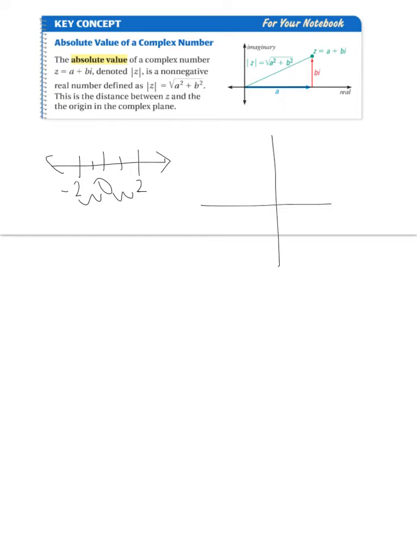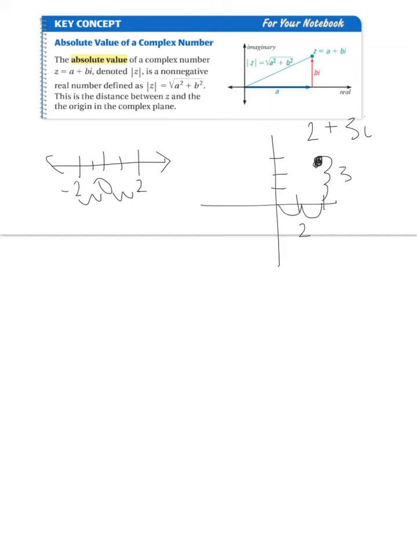Well, let's say we plotted our complex number. So this would be 2 plus 3i in standard form, right? We went 2 on the real axis and 3 on the imaginary axis.